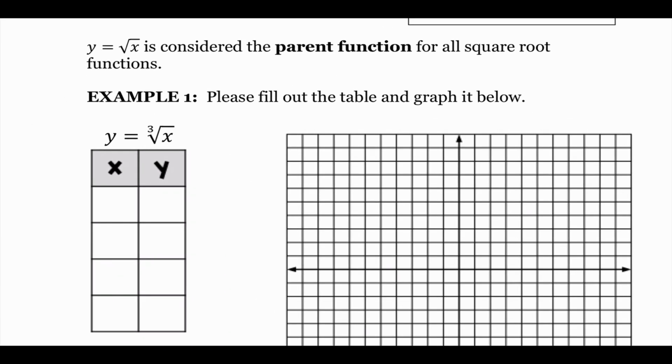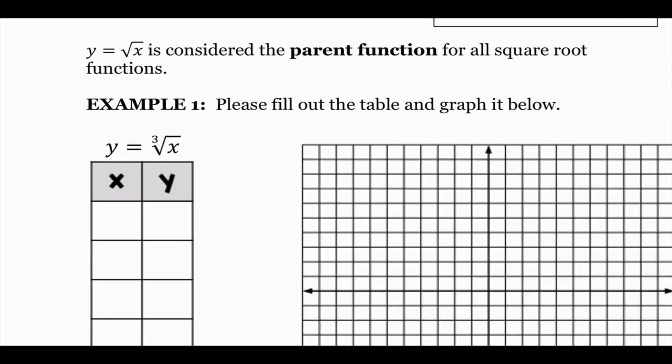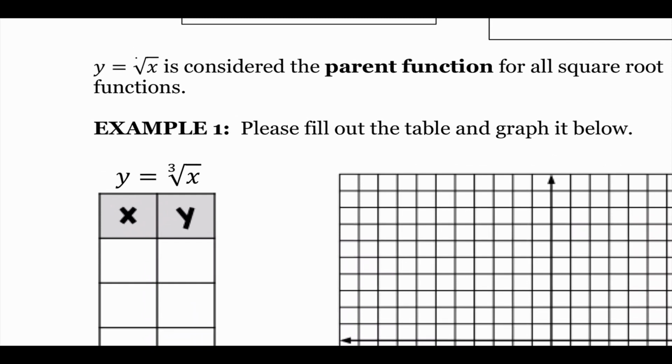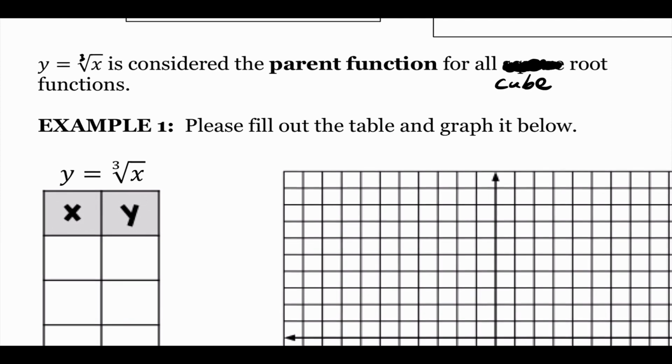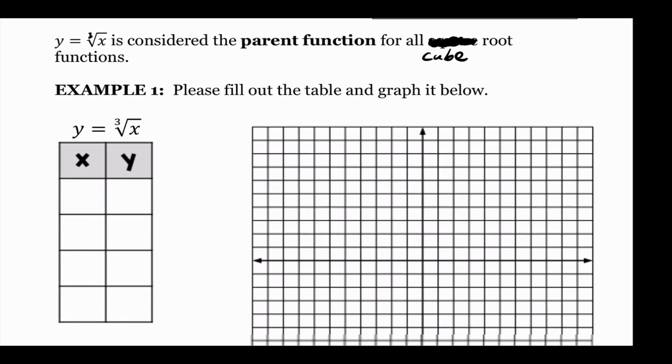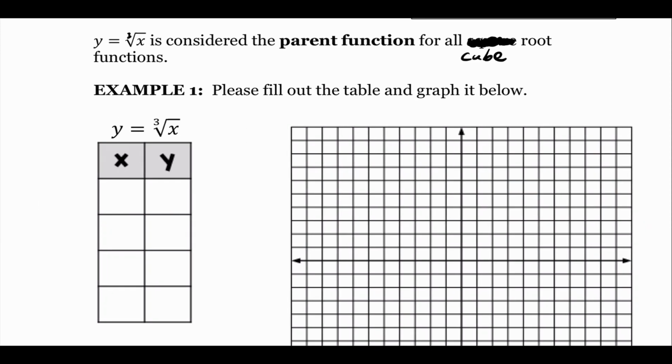Okay, so let's look at example number 1. There are a couple of typos here. First thing is this guy should have a little 3 with it. That guy should have a little 3 with it. And then the sentence should say cube root, not square root. Okay. So this is going to be a lot like we did yesterday.